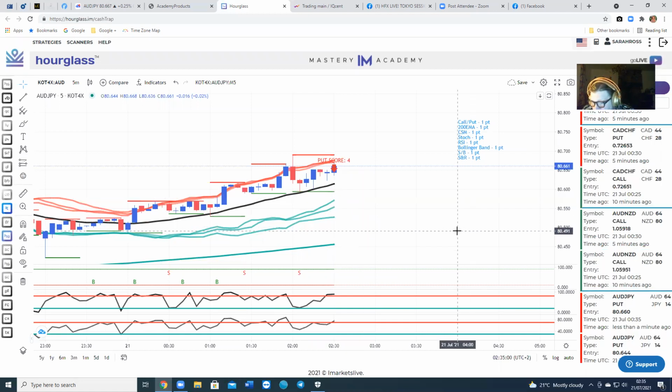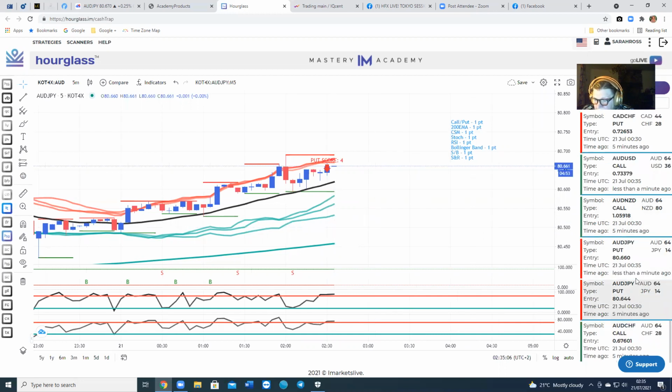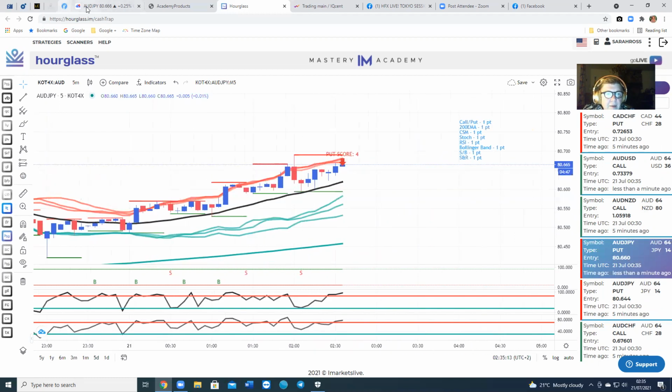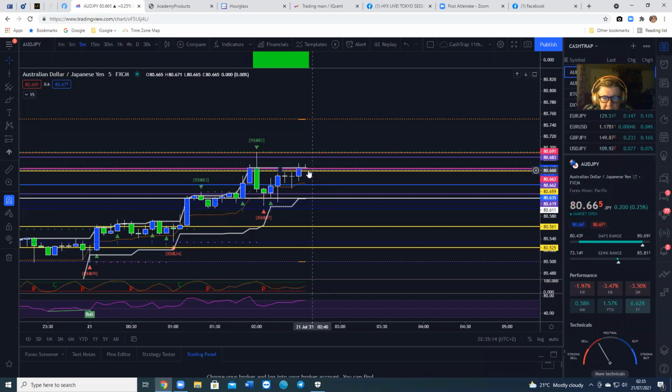Let's see what the 35-minute candle gives us. It's given us a put at 660, so that's off that top end, which is where that traffic level is. Here, it's just whipped off there, but it said put, but it's opening as a buy because it's now above that traffic level. So it's a tricky one to catch.